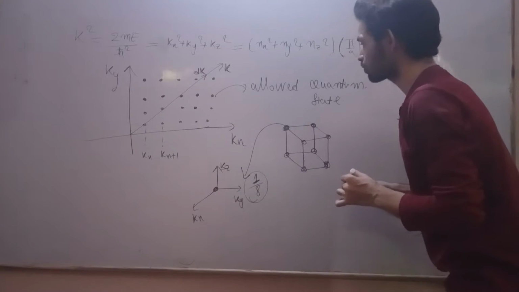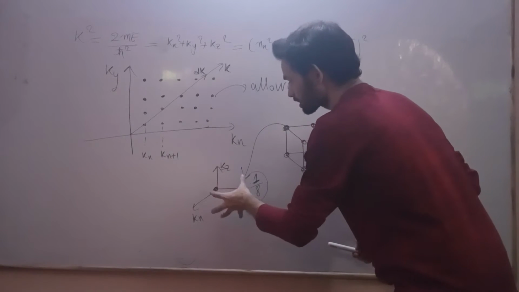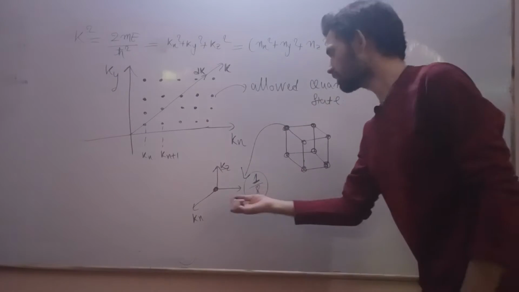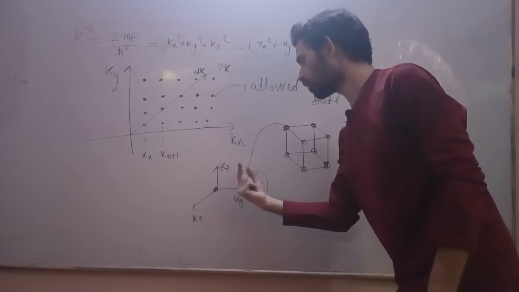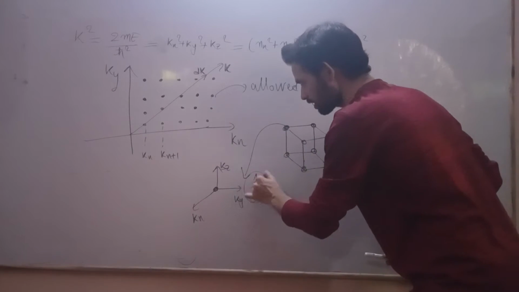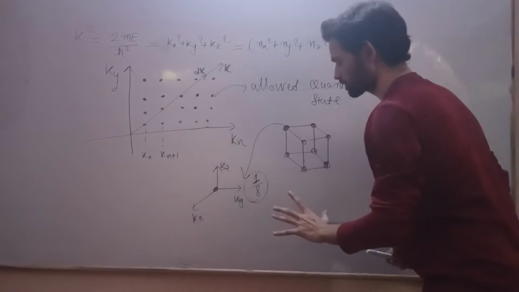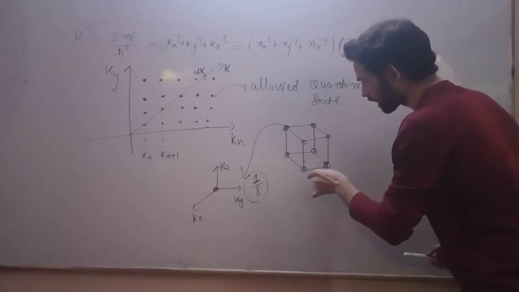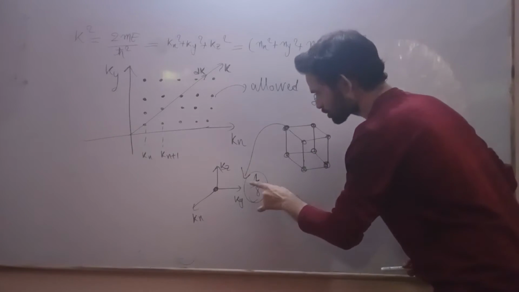So therefore this is nothing but the volume of a single quantum state. We are taking it for a single quantum state. There are 8 corners, and out of them we are choosing only one.